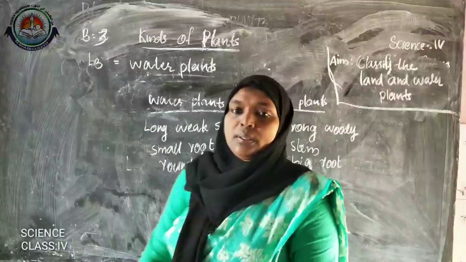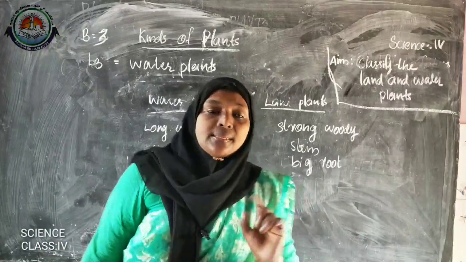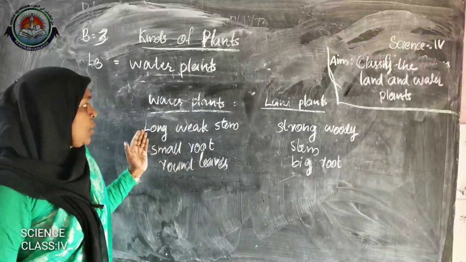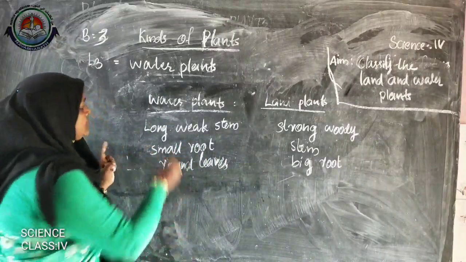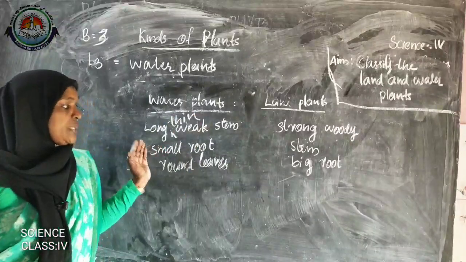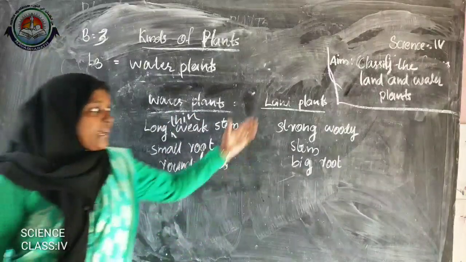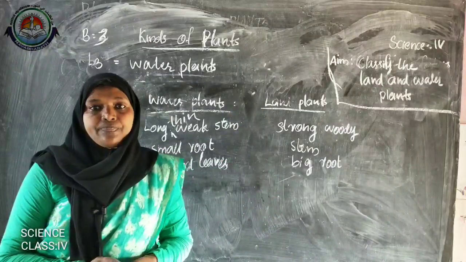Okay. The water plant has a long, thin stem. Water plant has a long, weak, thin stem. It has small roots and round leaves. Land plants have strong, woody stem and big roots.